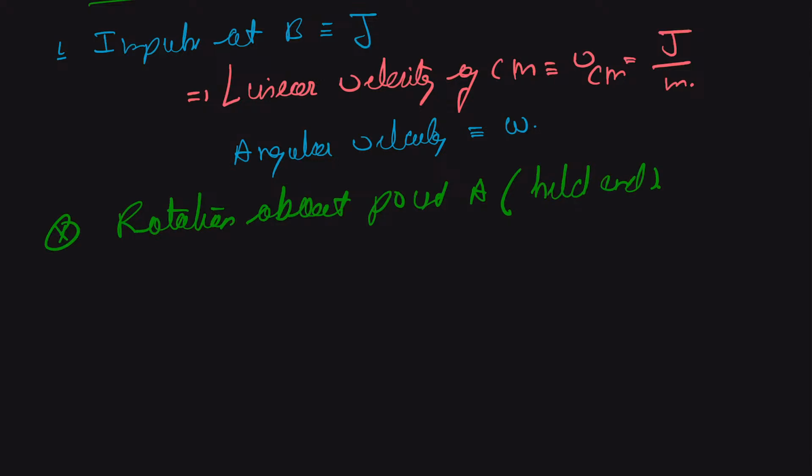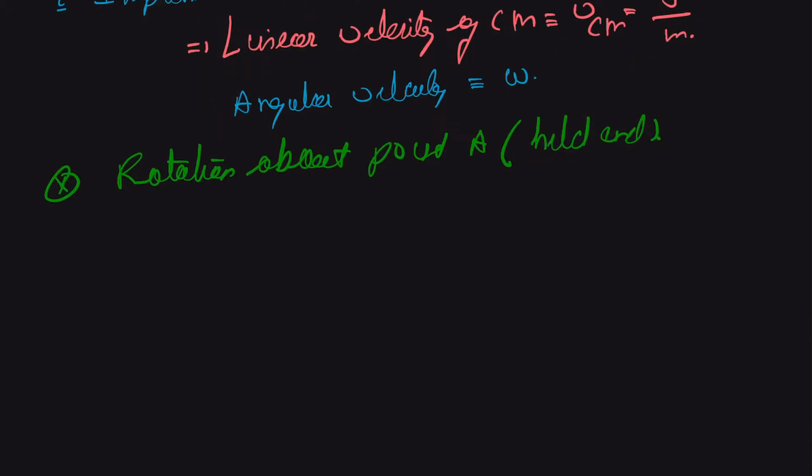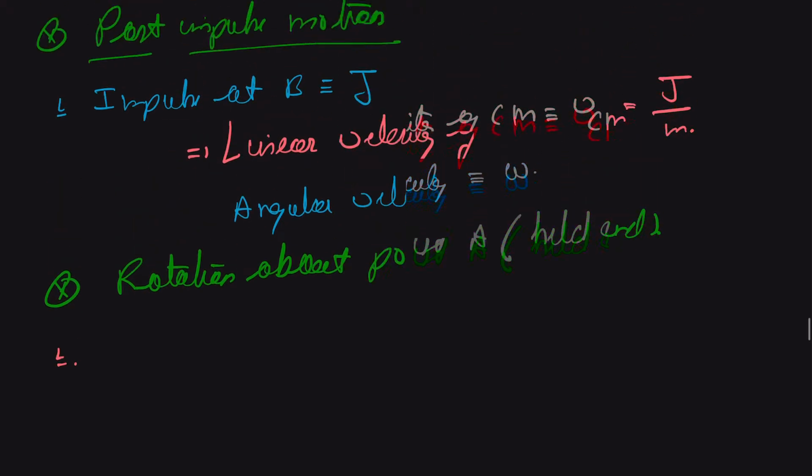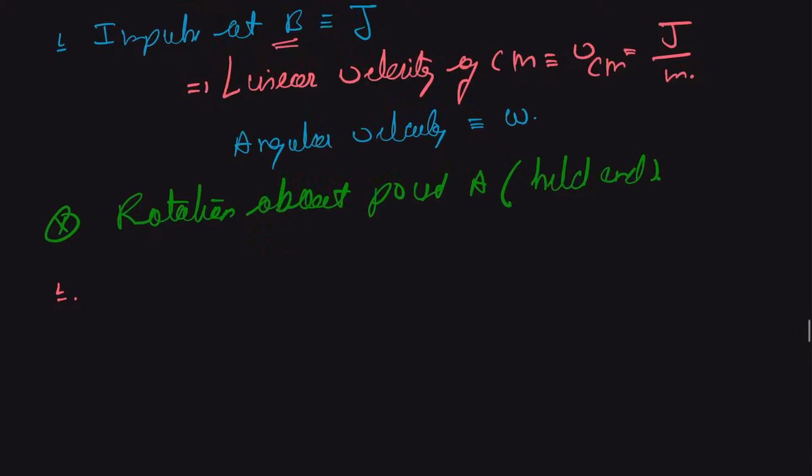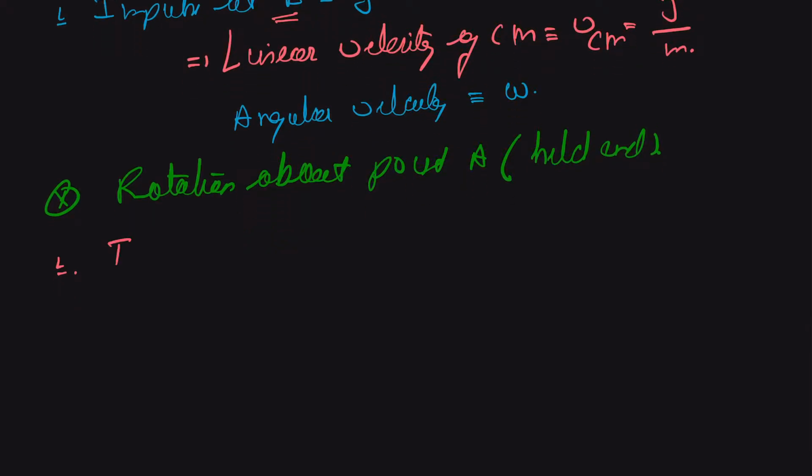Therefore, because the impulse is at point B, and this B is x distance from A, we can say that our impulse J is at distance x from A.